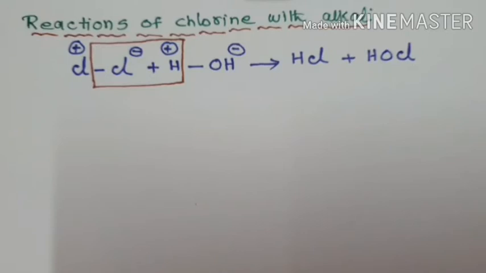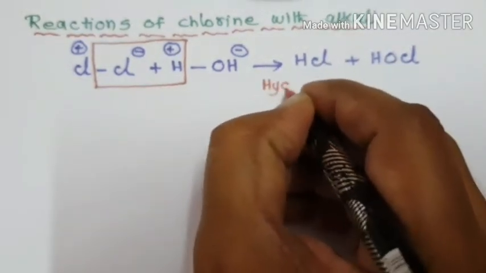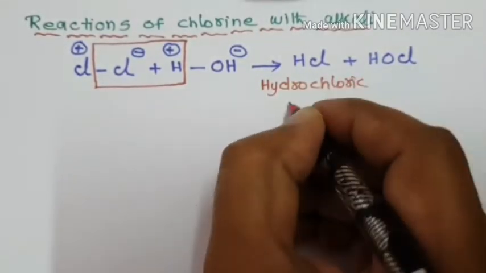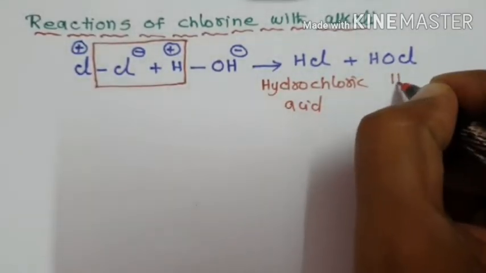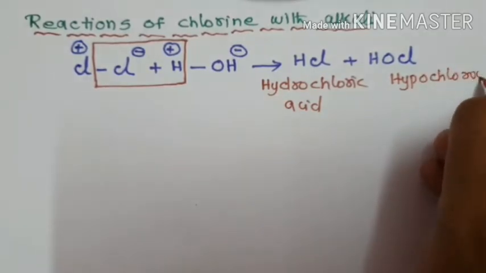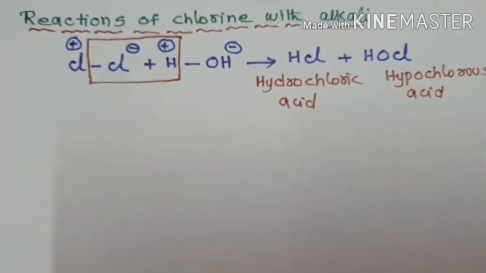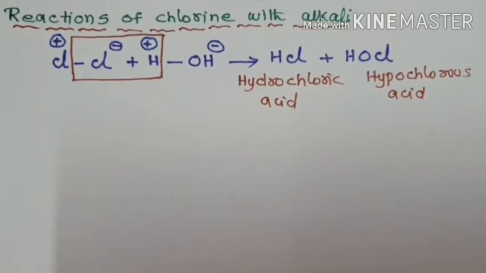So, what are the names of these compounds? One is hydrochloric acid and another one is hypochlorous acid. Hypochlorous acid is also called chlorohydrin.